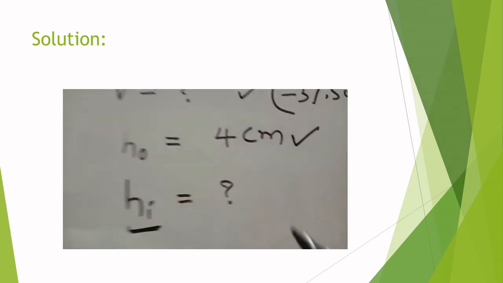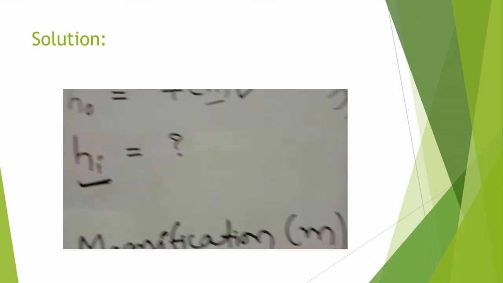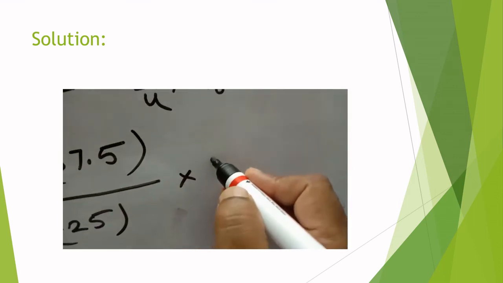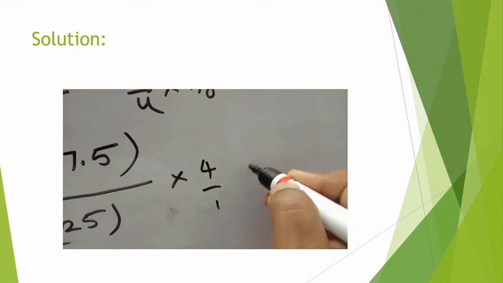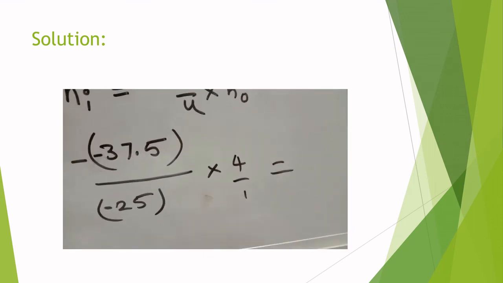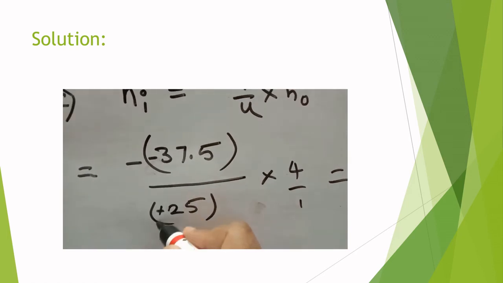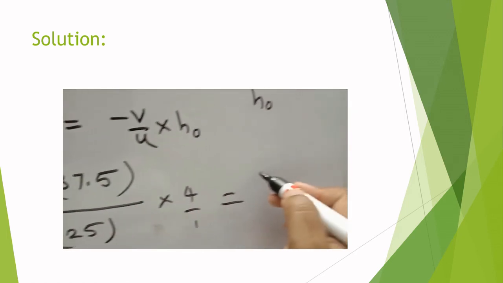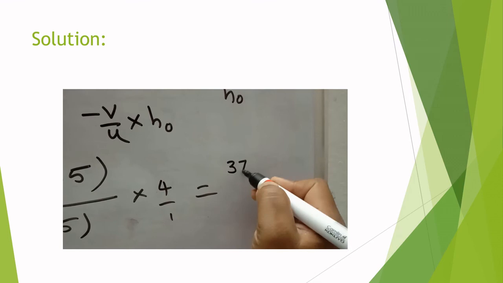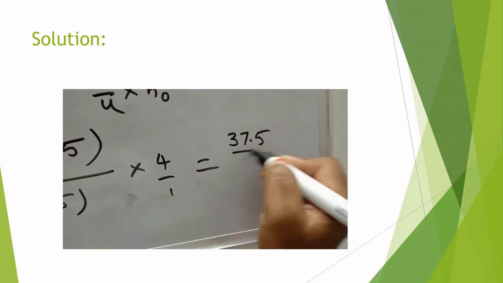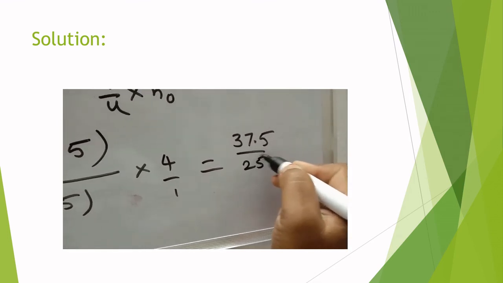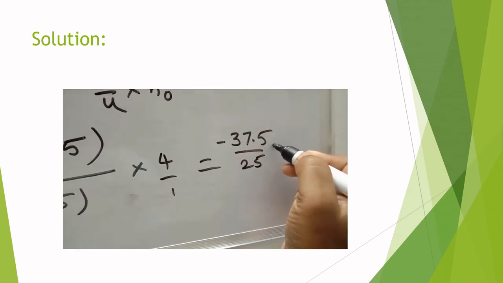So write 4, which means 4 by 1. Now the minus signs get cancelled. So you get minus 37.5 by 25 into 4 by 1.